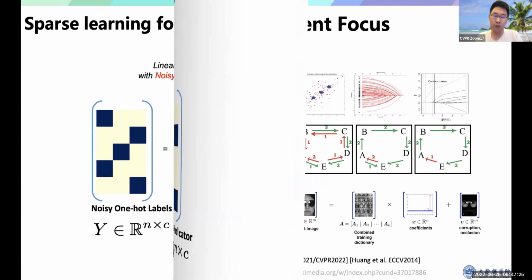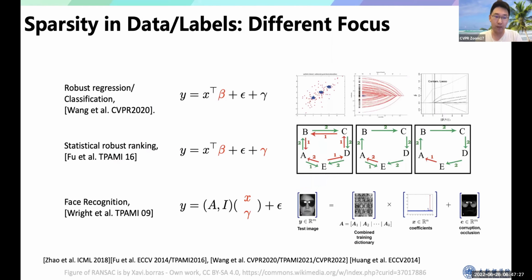And we compare and list some applications that use this formulation. For example, in robust regression and classification, we can use this formulation. Basically here, we want to compute the beta. This is a toy example, where the blue points indicate inlier data and the red points indicate outlier data.